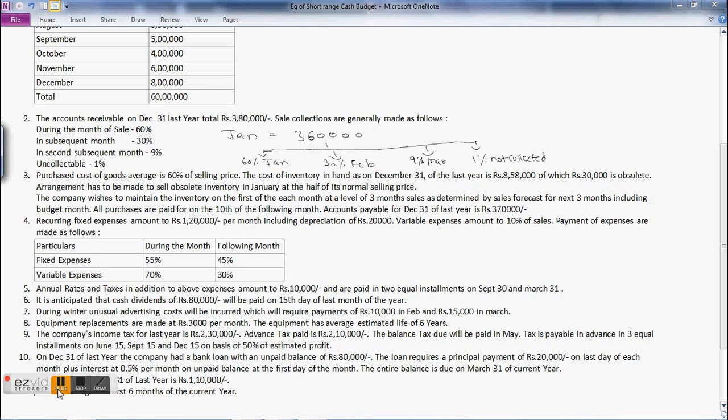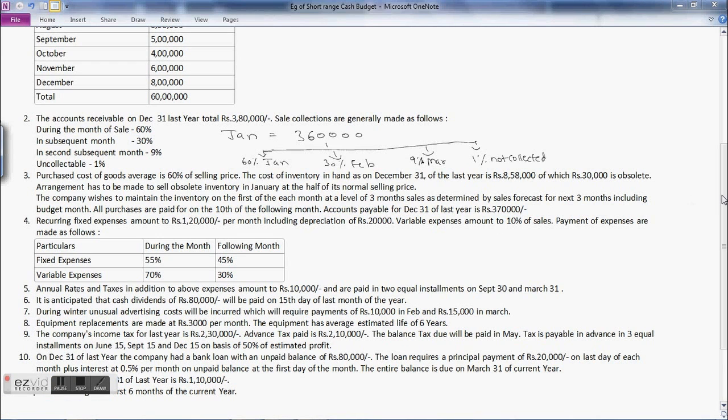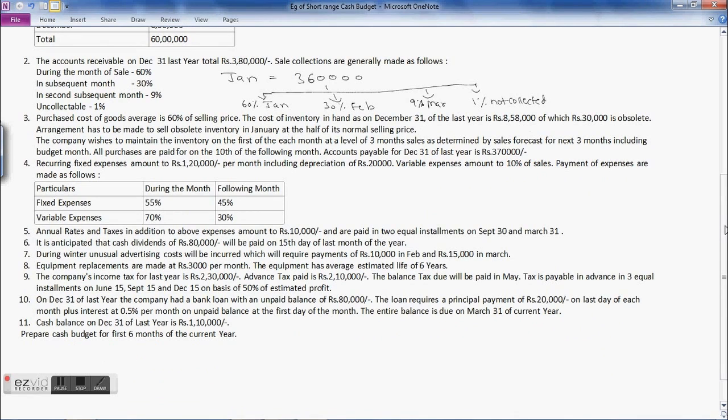Variable expenses we need to calculate depending on the sales. The payment of expenses is made as follows: fixed expenses during the month and following month, variable expenses during the month and following month. So for the month of Jan, if 100 is our fixed expense, then 55 will be paid in Jan and 45 will be paid in Feb.